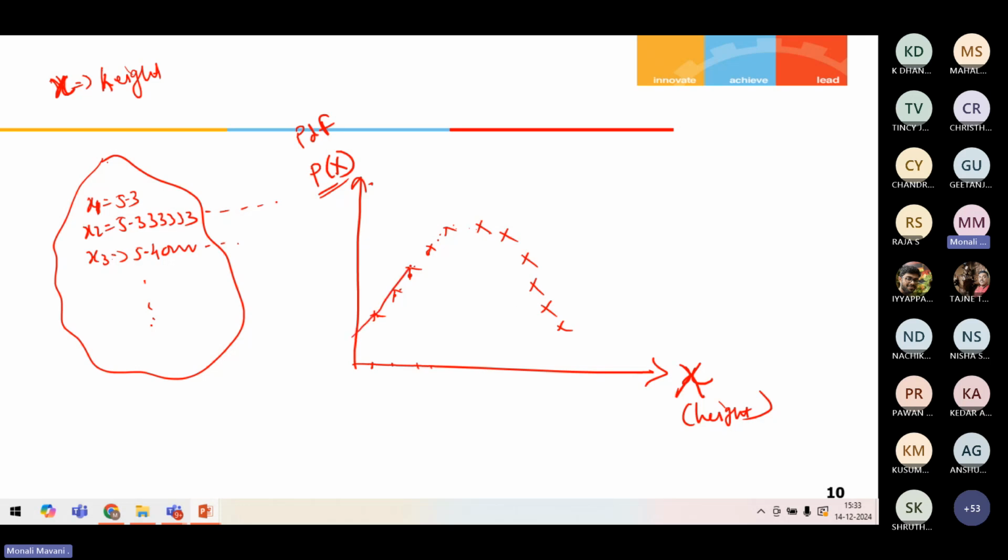And then we try to plot a graph. So this is known as a probability distribution curve. The example I have taken is a normal distribution, sometimes also known as a Gaussian distribution.